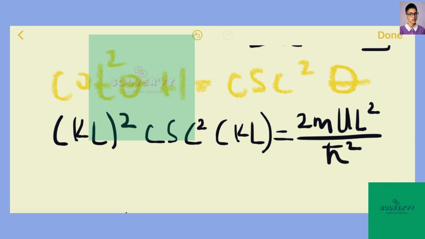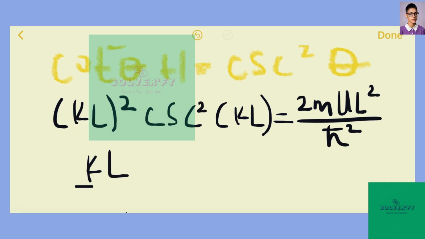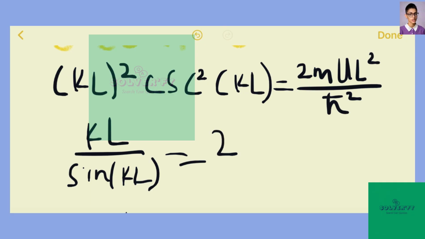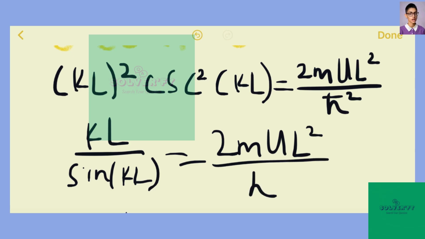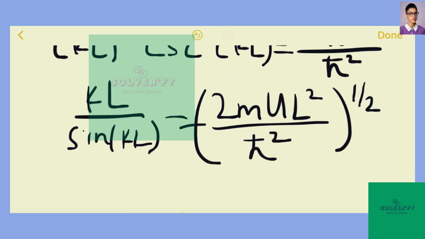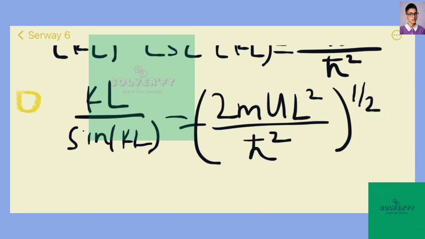Okay, so we can see that kL over sine of kL is equal to the square root of 2mUL squared over h bar squared. And this is the same as saying theta over sine of theta.